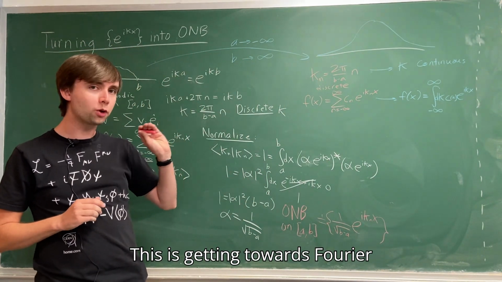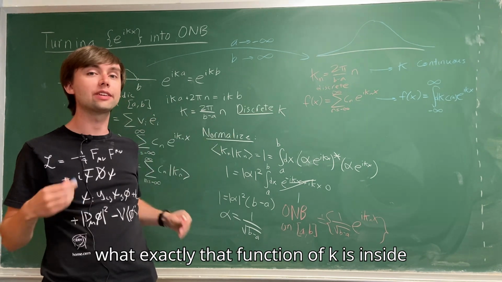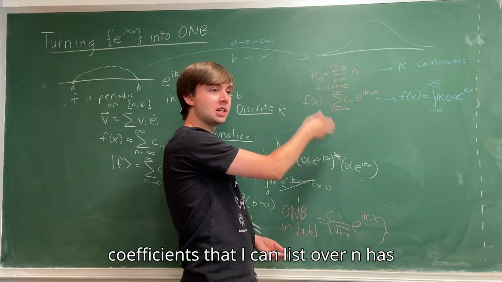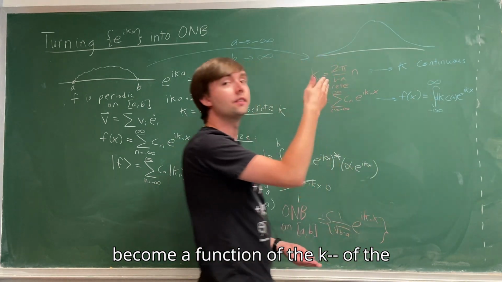This is getting towards Fourier transforms. We're going to talk later on what exactly that function of k is inside the integral. Where now my list of coefficients that I can list over n has become a function of the continuous k.